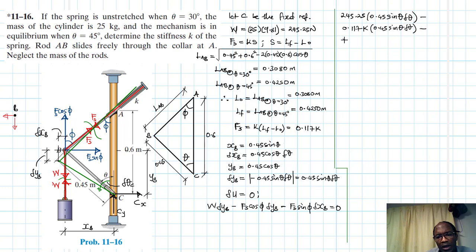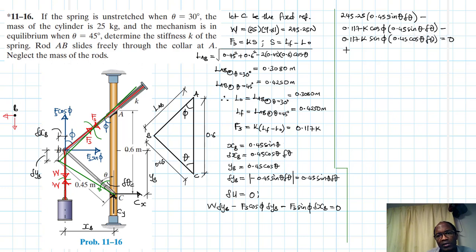And then minus again, fs cos phi, and then we have del yb, which is just 0.45 sine theta del theta, and then minus again fs sine phi del xb, which is just 0.45 cos theta del theta.